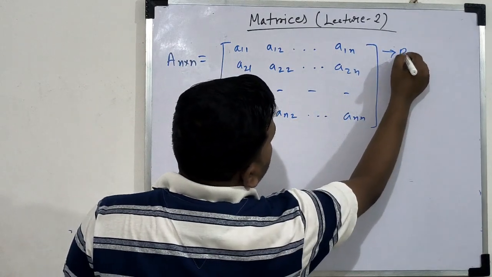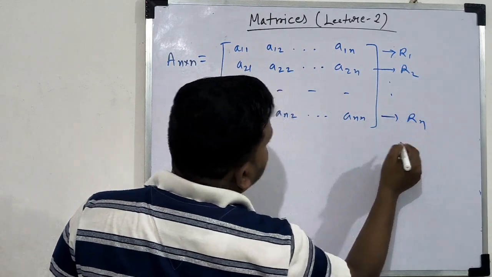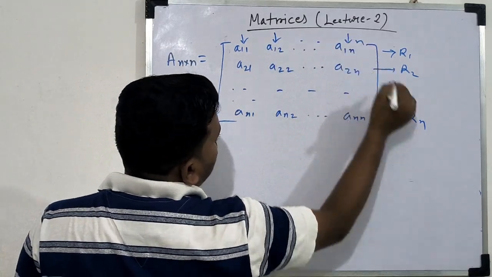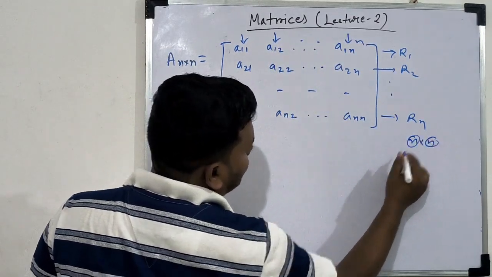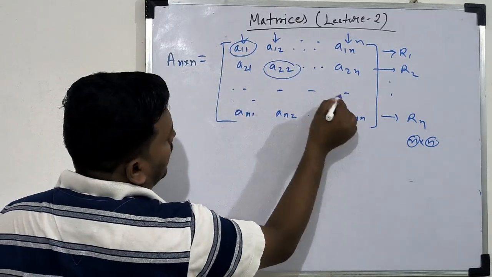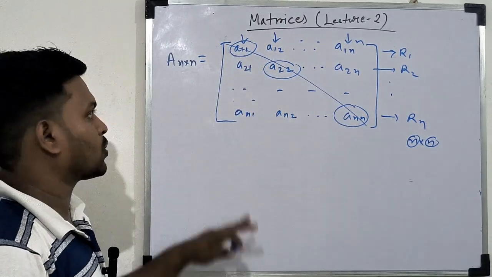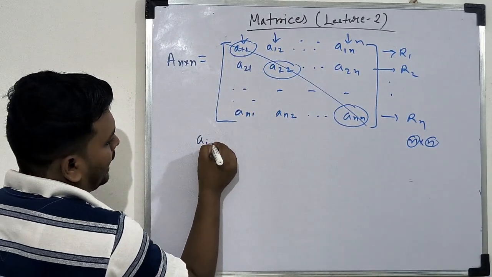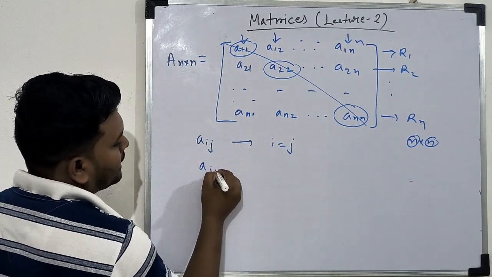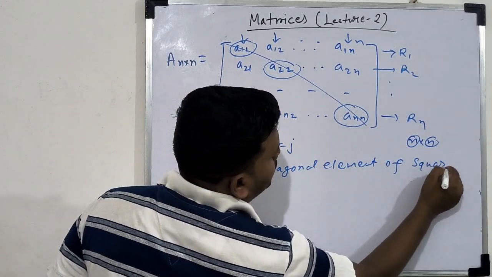So that is the first row, second row, dot dot dot, this is the nth row, and this is the first column, second column, dot dot dot, nth column. So this is the nth row, nth column. And these elements are called the diagonal. So these are the diagonal of the square matrix. So aij, whenever i equals j, that is the aii elements, are called the diagonal elements of the square matrix.